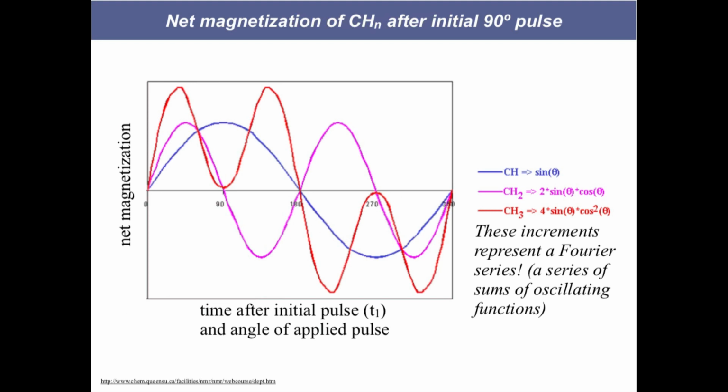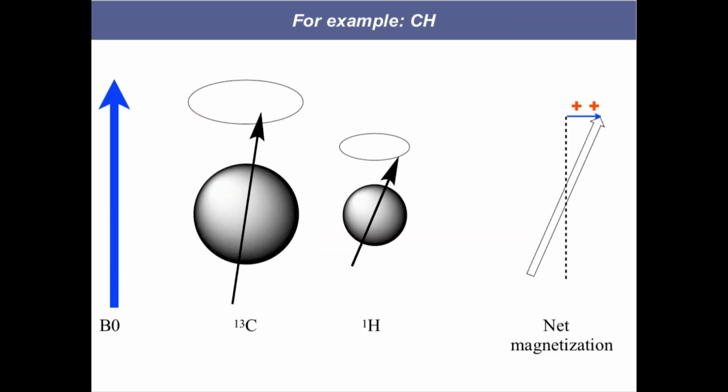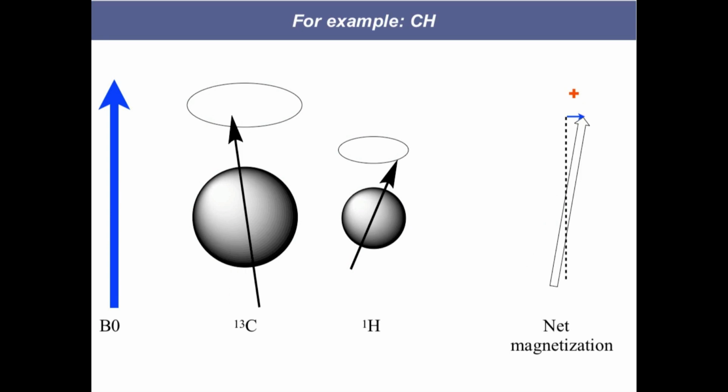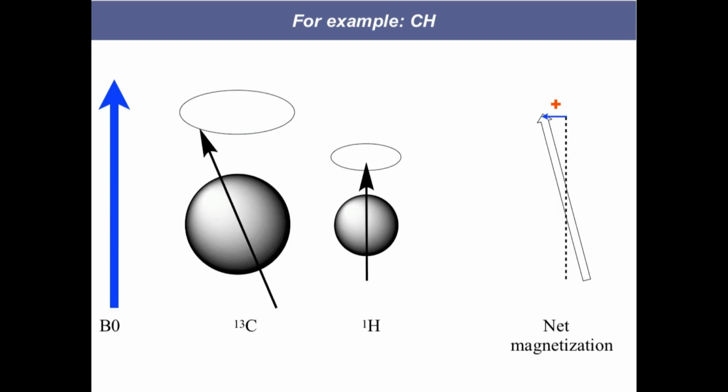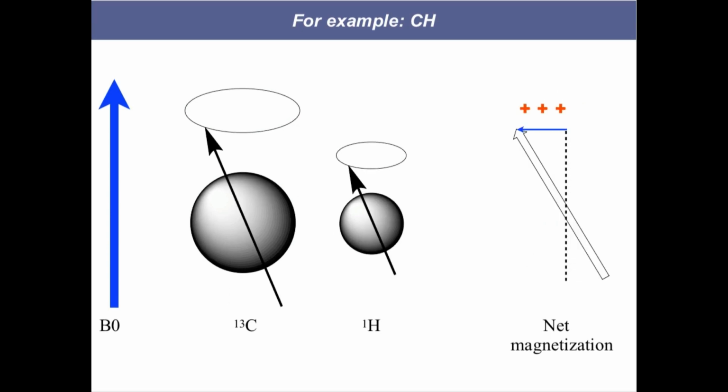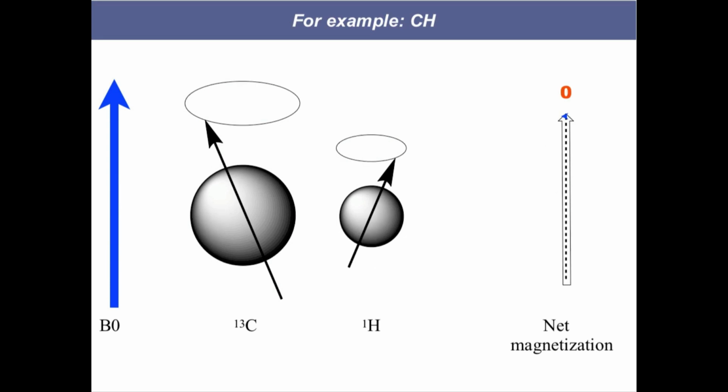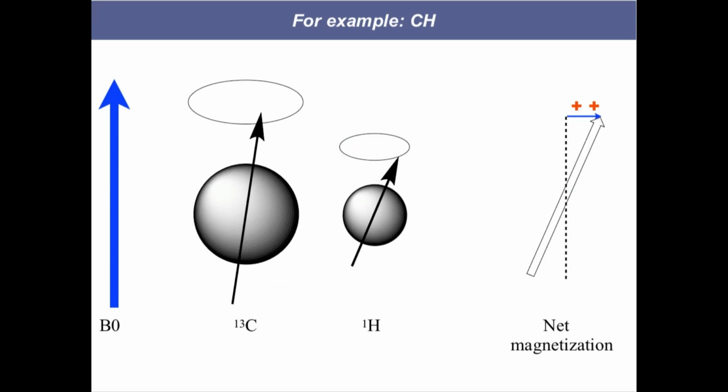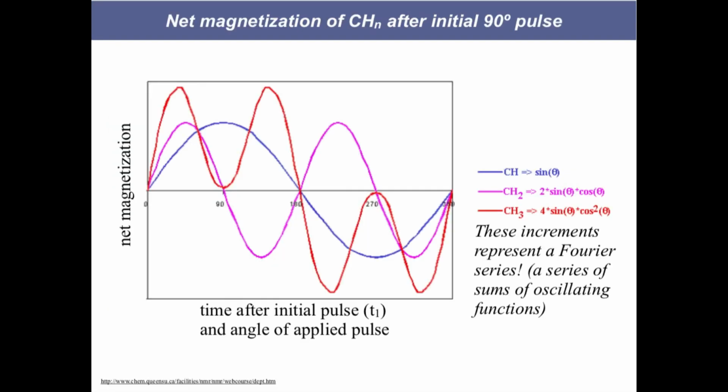That magnetization plot is what we showed here. It's magnetized in one direction, and then it goes to zero, and then it magnetizes in the opposite direction, and then it goes back down to zero, then it magnetizes back in the other direction. It oscillates from one direction to the next. That is what the pattern looks like for a C and one H. It's a simple sine wave.